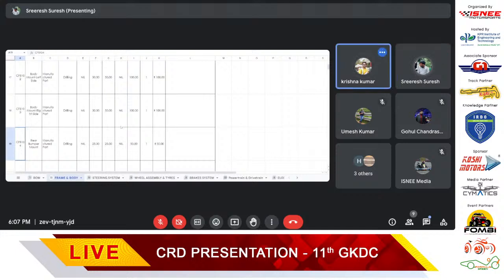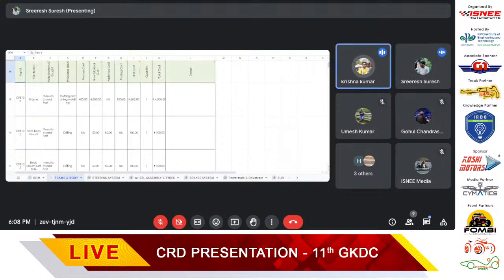Okay, sir. Go to frame, CFB 100, the very first frame which you discussed. Explain all the cost associated to CFB 100. Okay, sir. The process cost around 400 rupees for labor charge, transportation, and all.